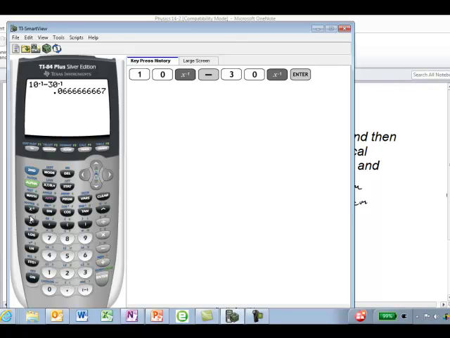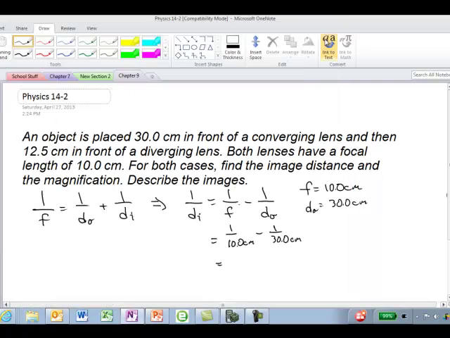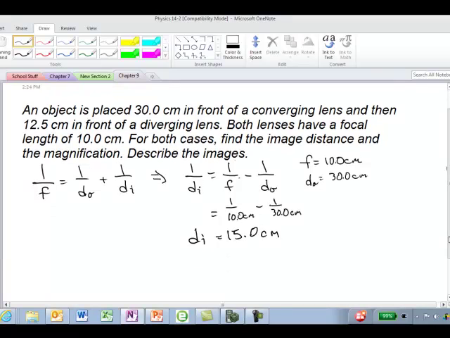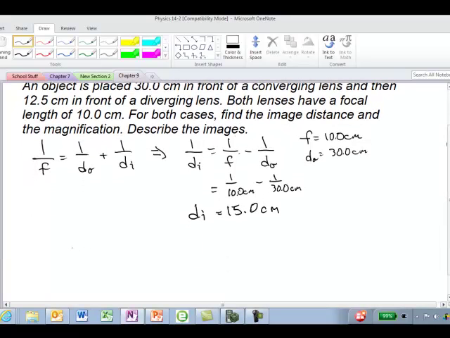Then we take that to the minus 1, and we get our image distance of 15 centimeters. So dI equals 15.0 centimeters.